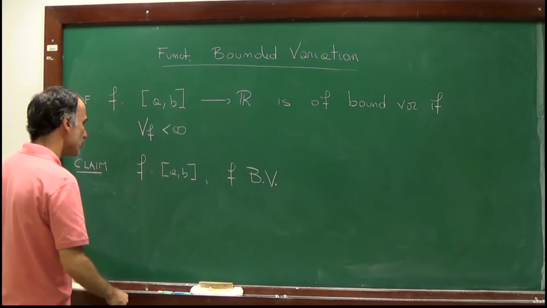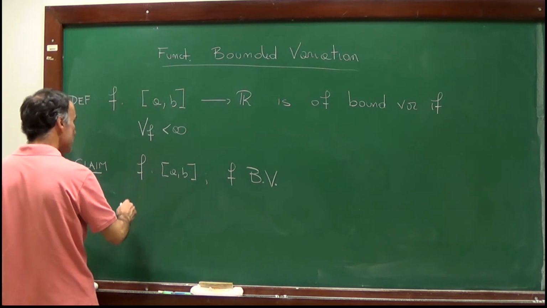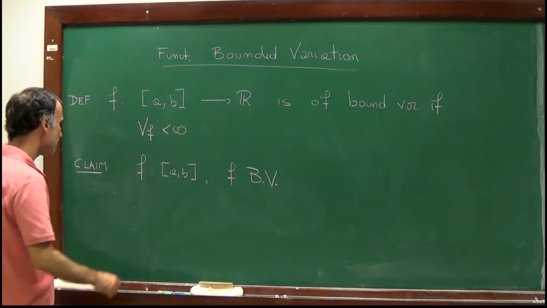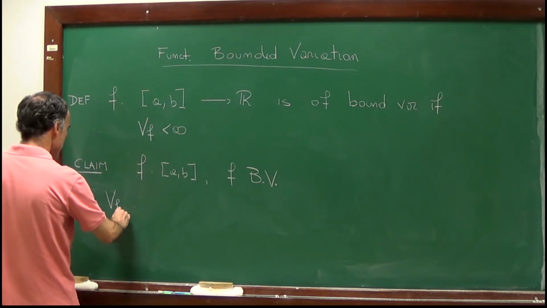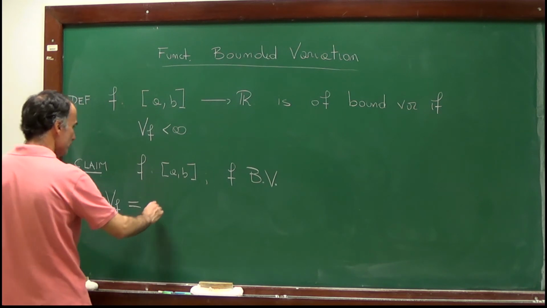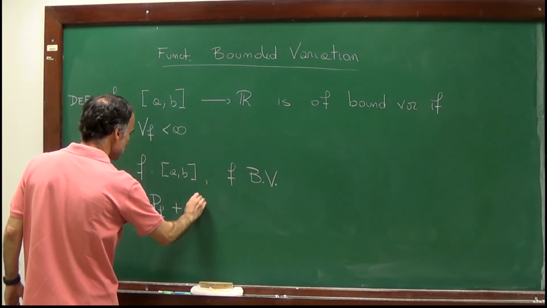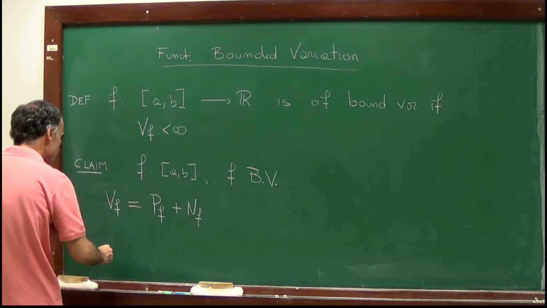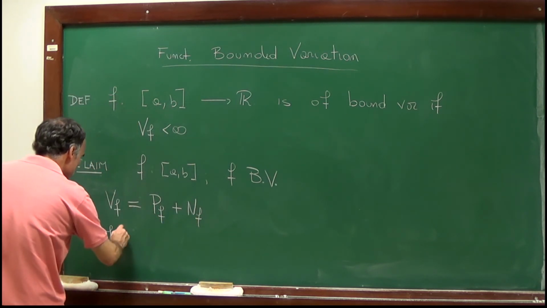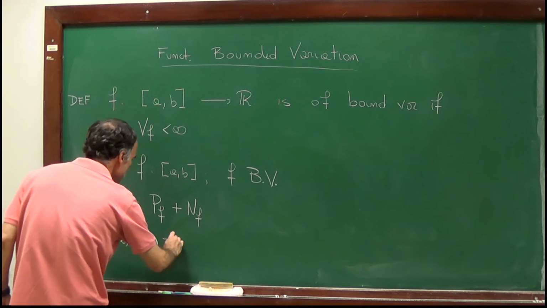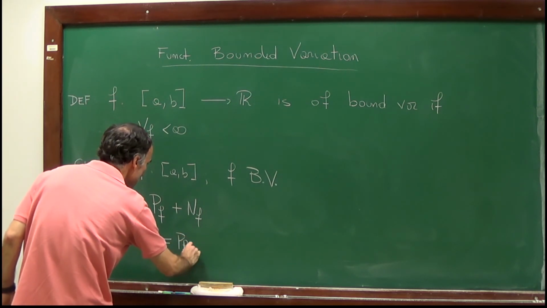Then what I want to say is the two things which were obvious for fixed partition, so that the total variation of f is the positive variation plus the negative variation, and that fb minus fa is equal to pf minus nf.